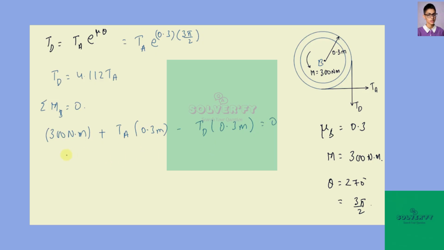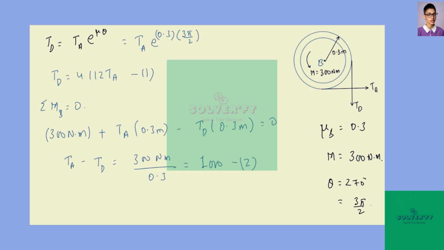Now from here we can write that TA minus TD will be equal to 300 Newton meter divided by 0.3, and from here we get TA minus TD as 1000. Now we have two equations, this one and this one, and there are two variables TA and TD.